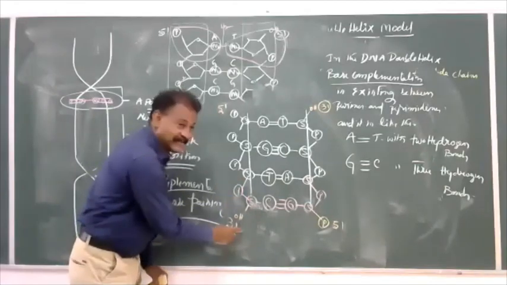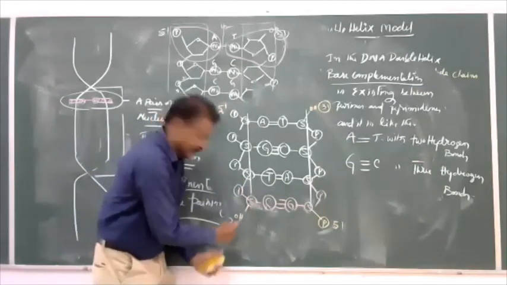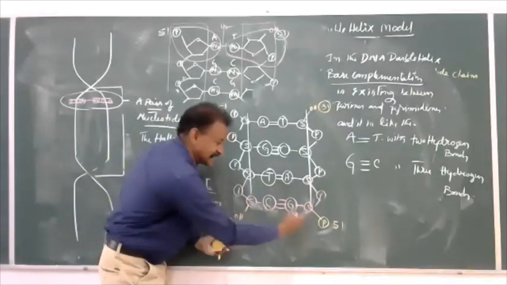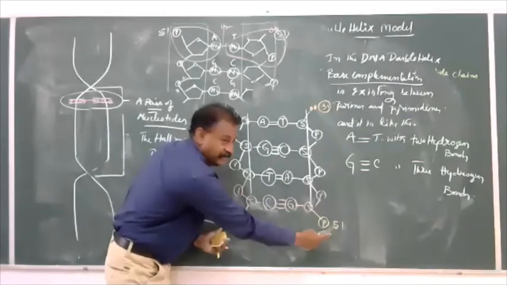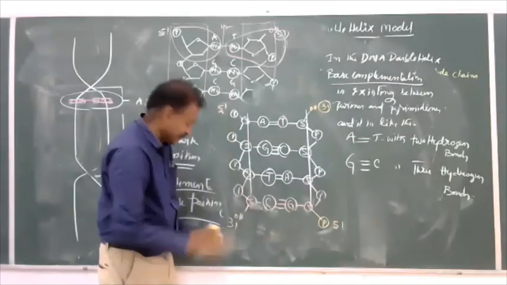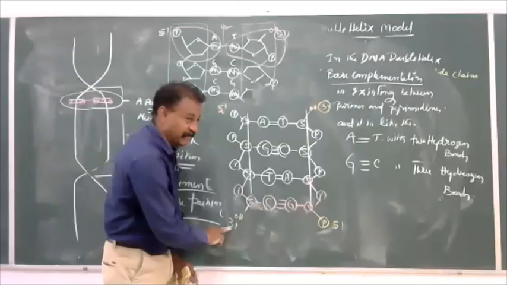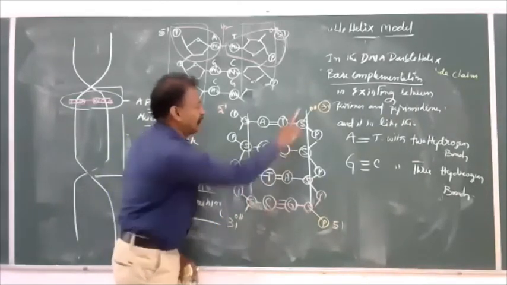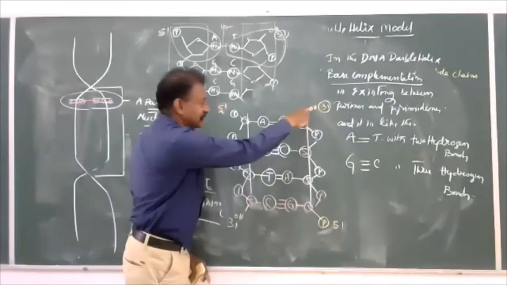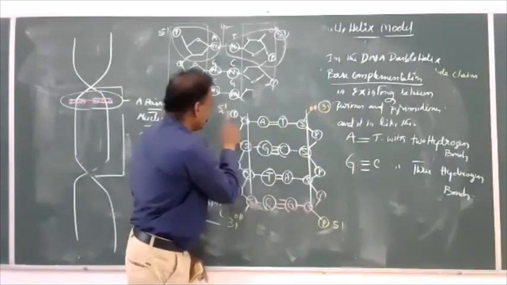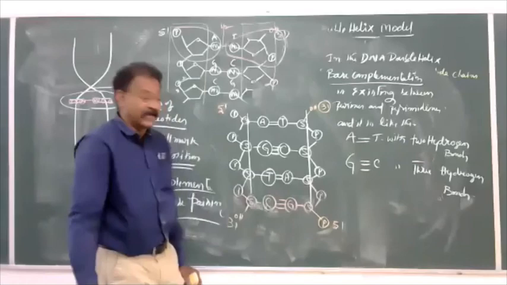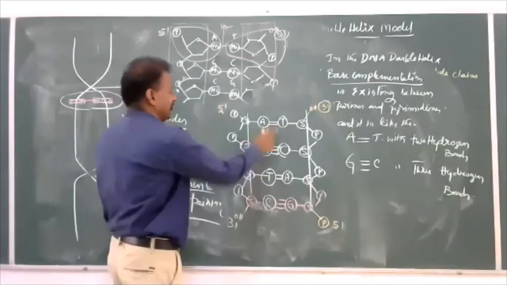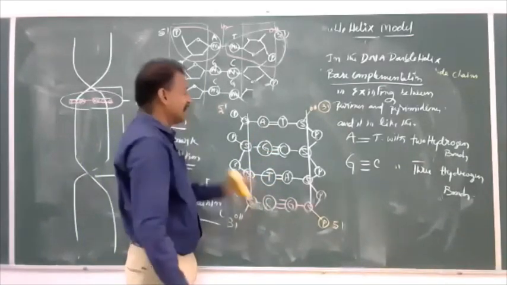One strand has a 3' end, then the opposite strand has a 5' end. The 3' end of one strand at the base is opposite the 5' end of the other strand. And always A, T, G, C.